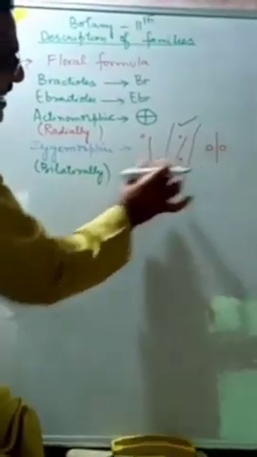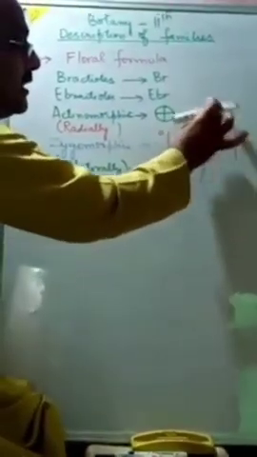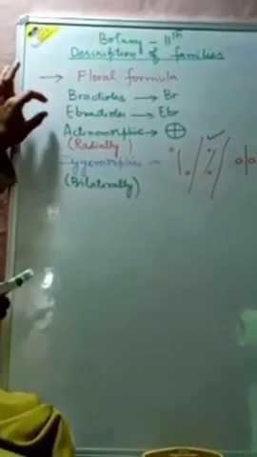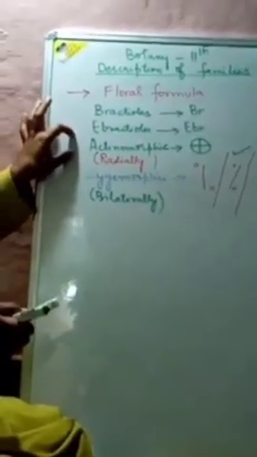You can show this symbol in this way, you can show it in this plane. लेकिन ज्यादातर हम जो इस्तेमाल करते हैं that is this. So we have studied the bracteate, we have studied the ebracteate, we have studied the actinomorphic, we have studied the zygomorphic.